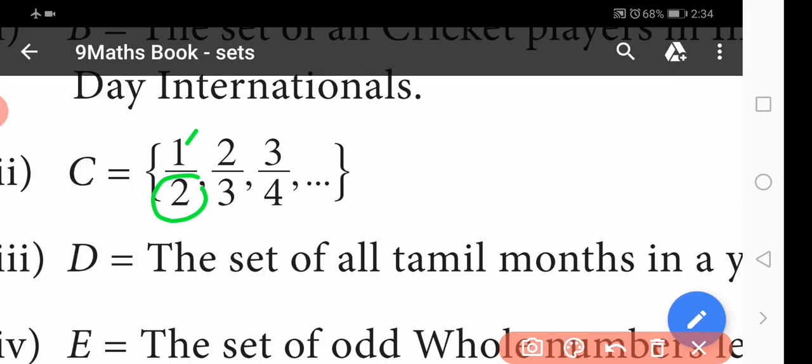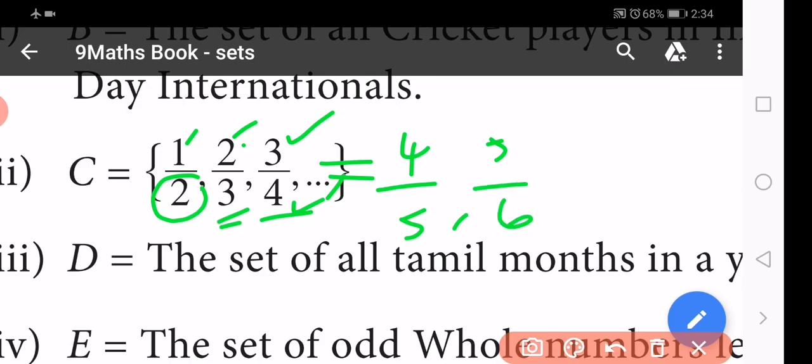In the second number, the numerator is 2 and the denominator is 3. That means adding 1 to the numerator we get the denominator, and the third number also. So the third number is 3 by 4. Then what is the next number? That is 4 by 5. Next number 5 by 6. Next number 6 by 7, and so on.